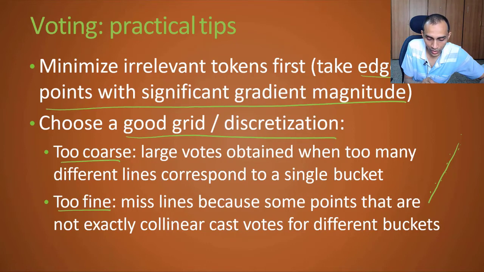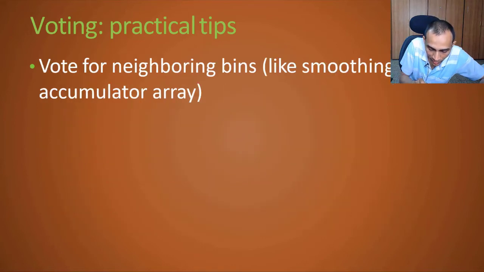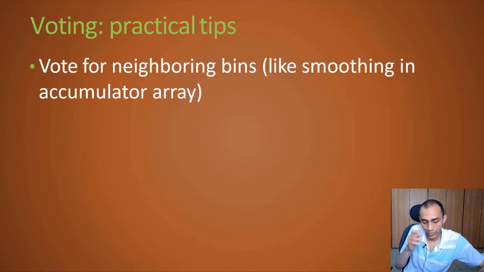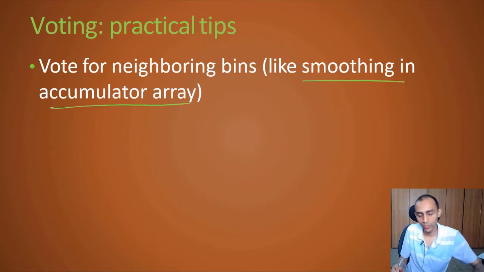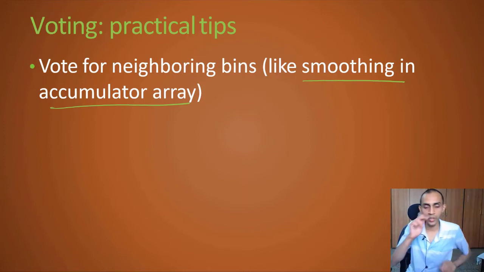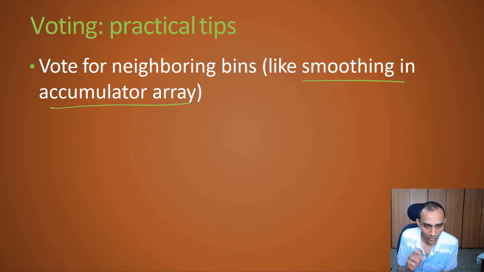Another thing is you can also do some kind of smoothing in the accumulator array. As I said many times, instead of one constant peak, because of making a bin a little too coarse or too fine, instead of one precise location you may get votes in the neighborhood. Doing non-maximum suppression may displace the location a little bit here and there.